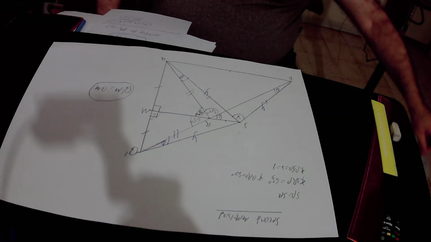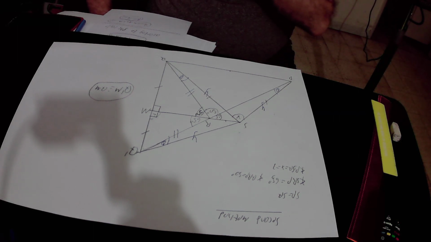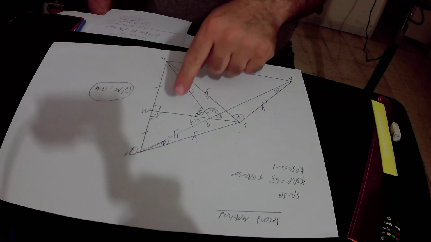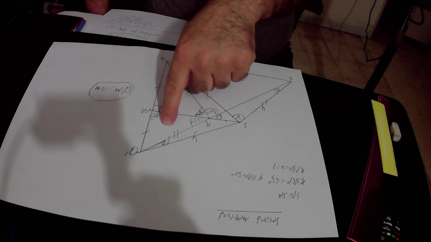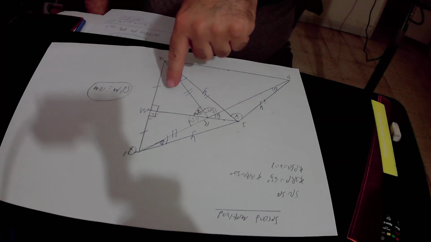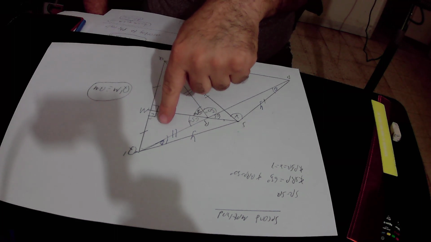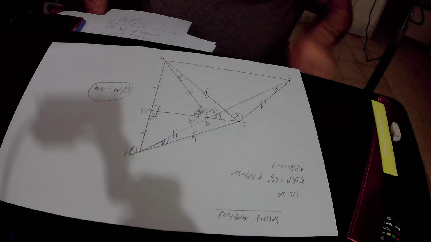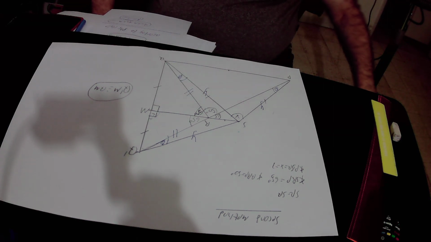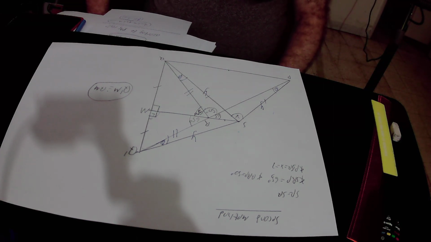Okay, then we focused on those two right triangles, the right triangle QRM and the right triangle Q'RM, and we proved that those two right triangles can be superimposed on each other.